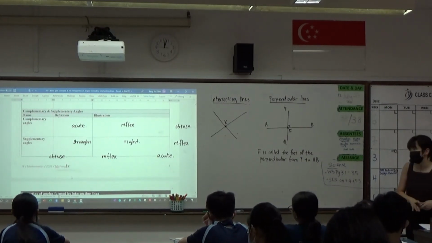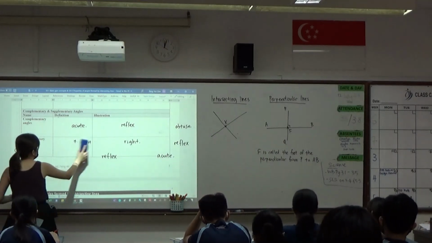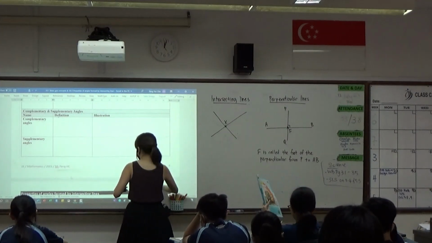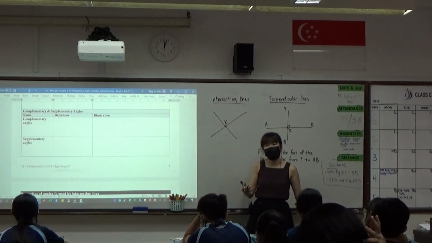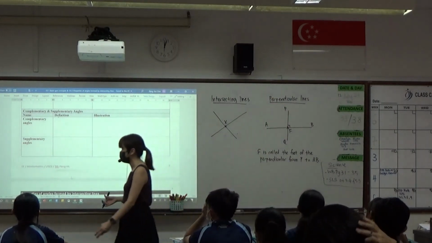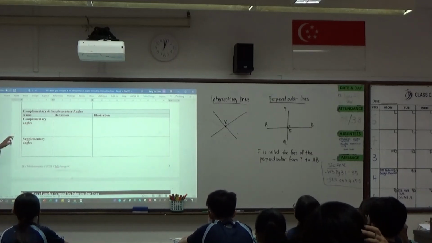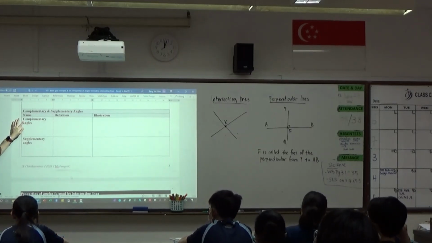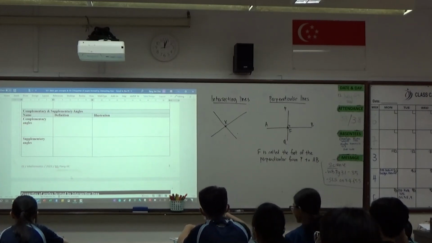I want us to be clear that complementary and supplementary angles are actually not any form of angle property. It is just a way to name and describe two angles that have a certain relationship. Complementary angles, I always relate to the word corner, and corners are usually 90 degrees.